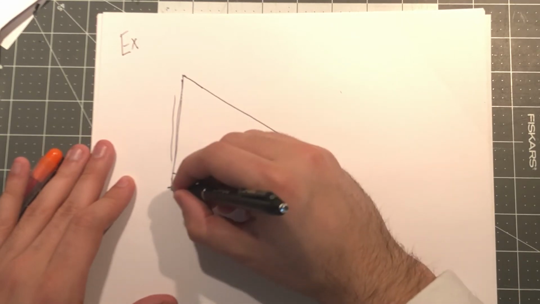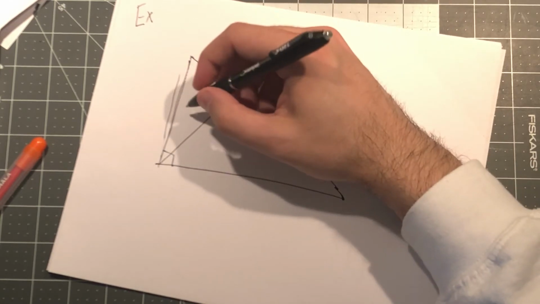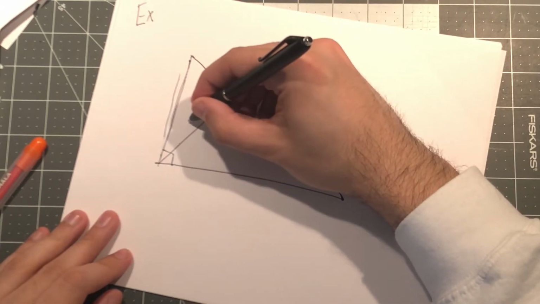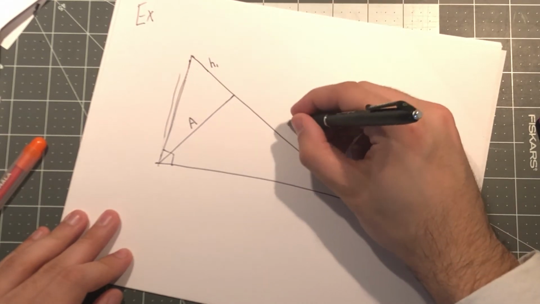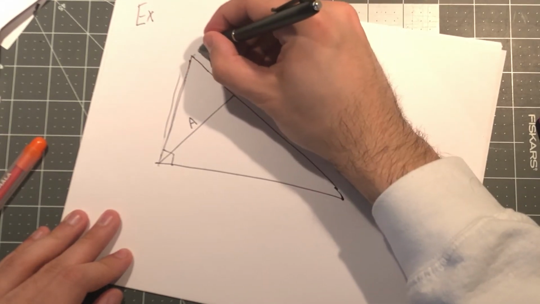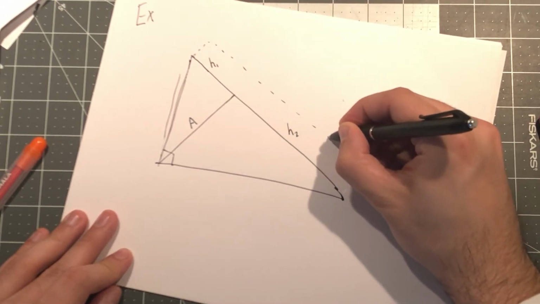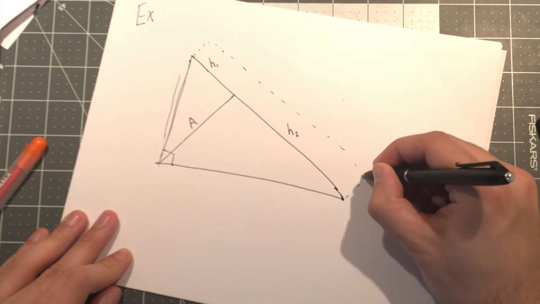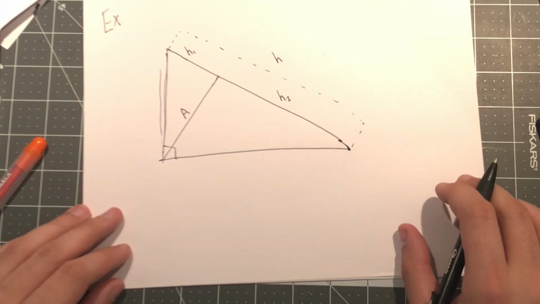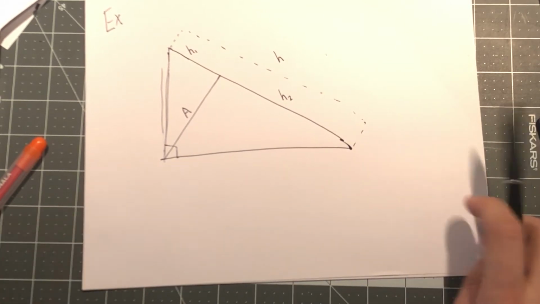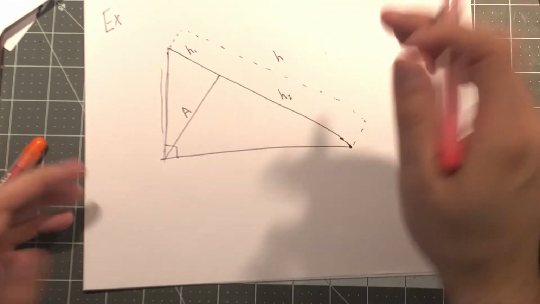And let's say the altitude is somewhere right here. Just for practice, I'm going to call it A. I'm going to call this H1, H2, so hypotenuse 1, hypotenuse 2, and then the whole thing is going to be just H. So that way I can find pieces. I'm going to add some numbers. I'm just going to make these up right now. We can practice that way.